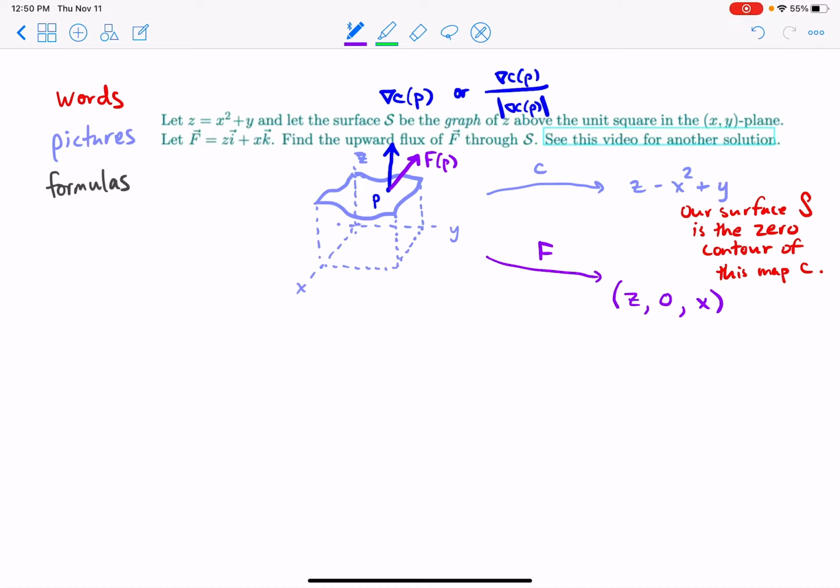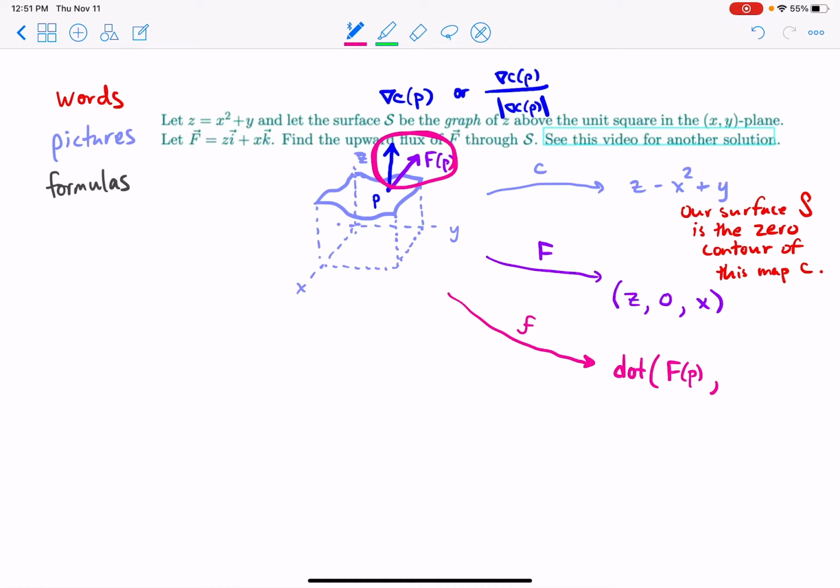Then we're even going to have one more function. This is the function that is going to give us the flux. I'll call it little f, and it's the function that sends a point P to the dot product of the vector field at P with the unit normal at P. It's going to see these two vectors, this normal vector and that vector field.